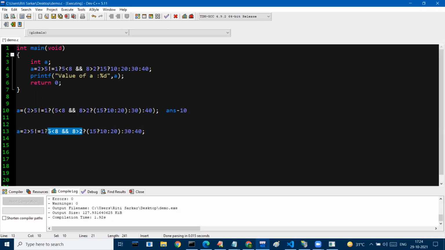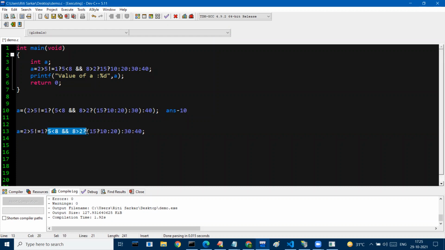Why so? Because then only will the logical and have this fellow as its second operand. That's the reason that for this conditional operator, this entire part is my expression 1, this is my expression 2, and this is my expression 3.